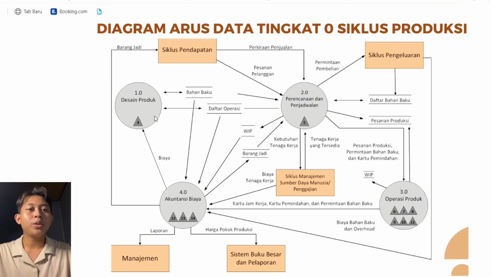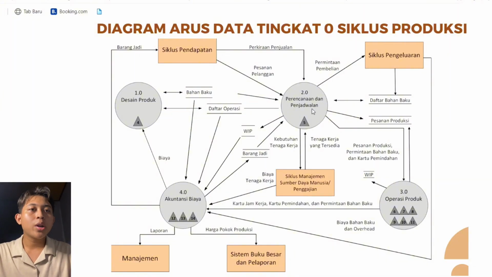Once the new shoes are approved, the product design department generates output documents, namely the bill of materials atau daftar bahan baku and the operation list atau daftar operasi. Both pieces of information are then sent to the planning and scheduling department to determine production requirements and factory operations.